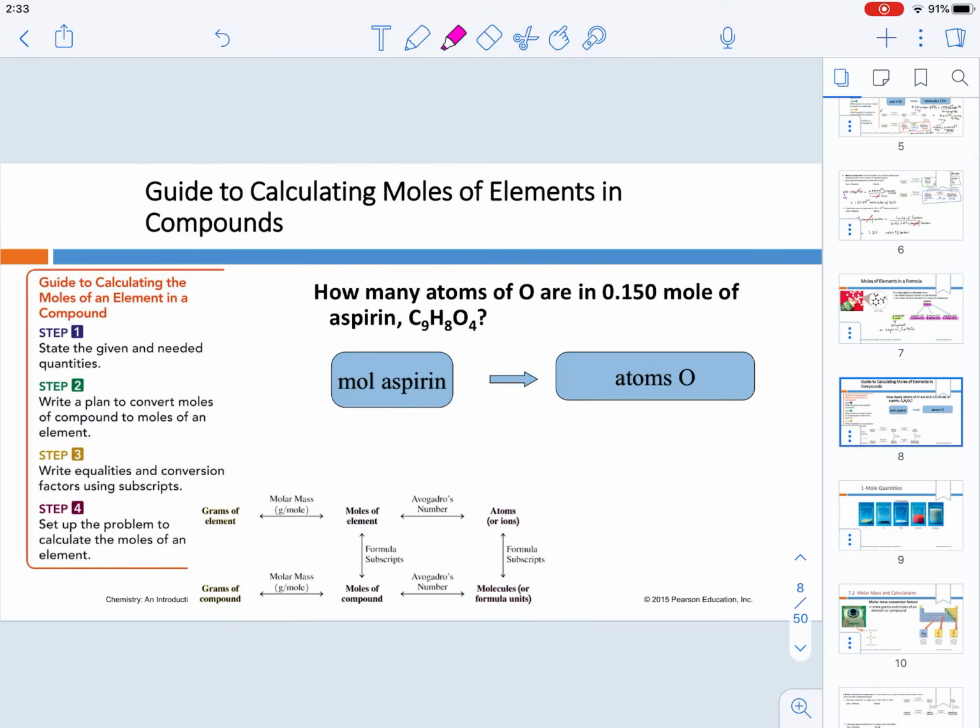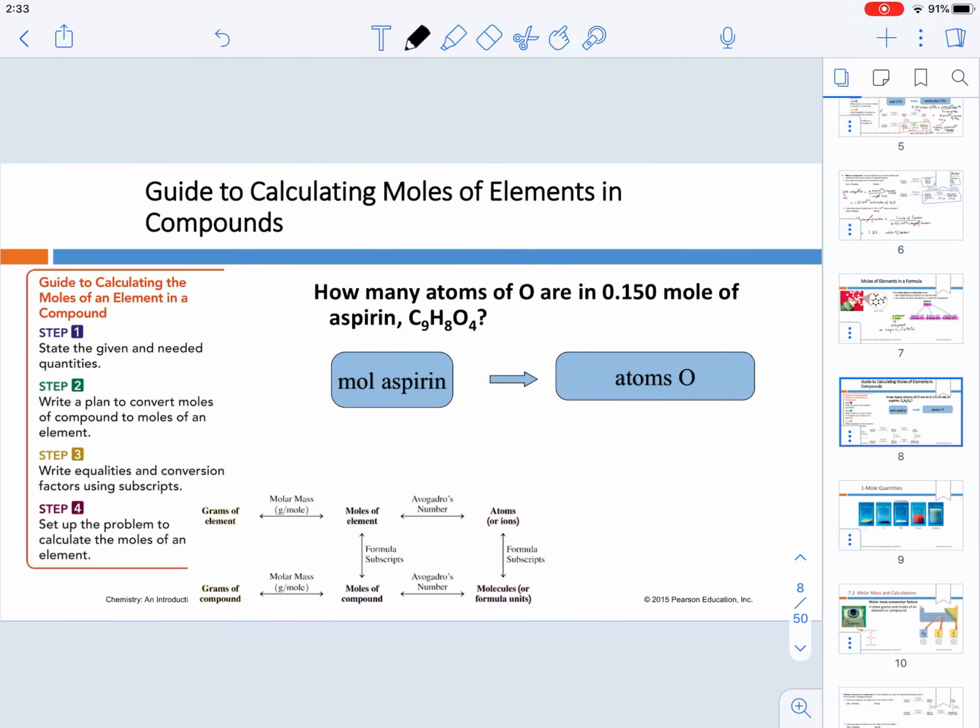So why is this important? Because at times we have to calculate specifically the atoms of an element given the moles of a compound. If we look at the following problem, it asks how many atoms of oxygen are in 0.150 moles of aspirin.